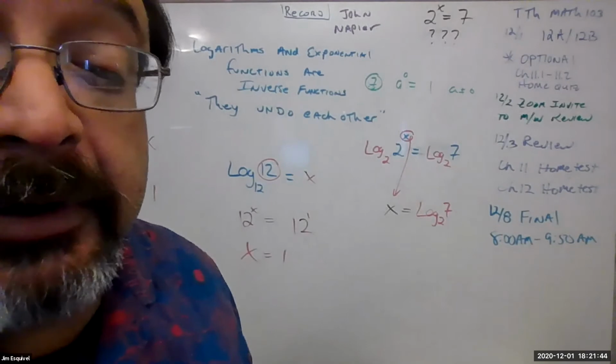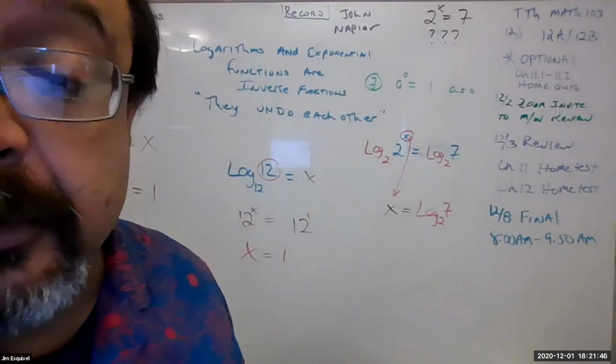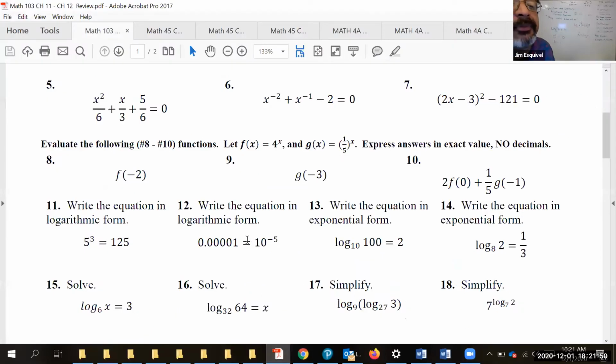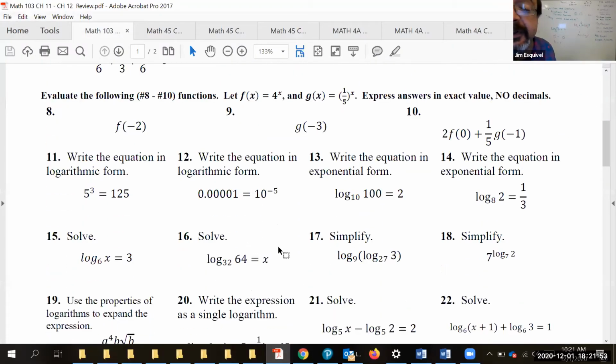When you look at the review sheet, that's why I put these on here specifically. Number 18: that's base 7 to a logarithm base 7 of 2. The exponent is a base 7 raised to a power log base 7.